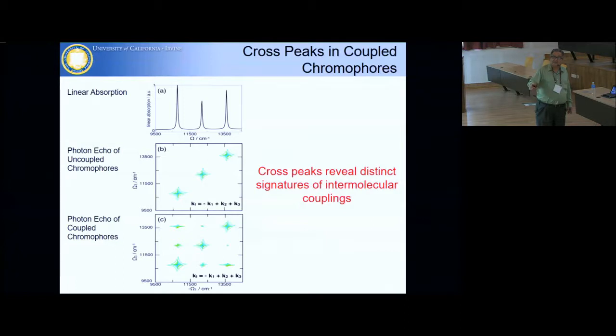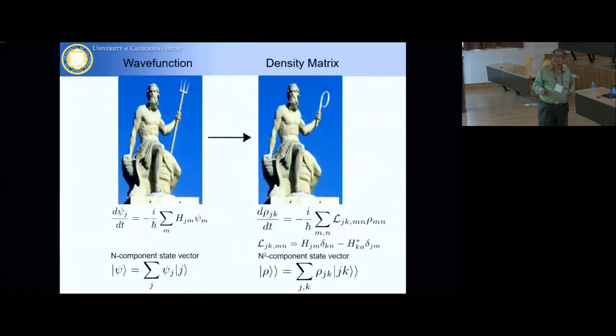This is a Fourier transform with respect to two time variables. If they are coupled, you get cross peaks, and the cross peaks give you information about the coupling. So this, in one minute, is multidimensional spectroscopy, which was first developed in NMR and then applied to optics.